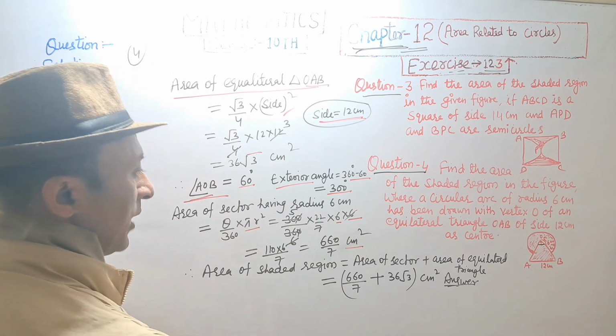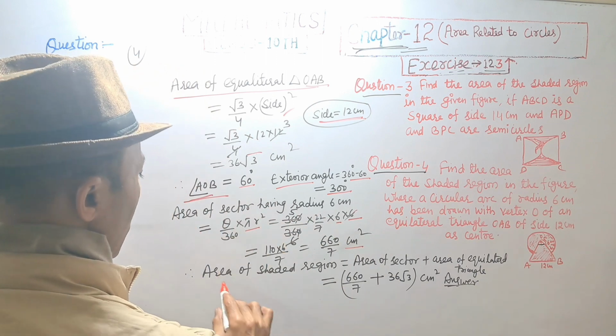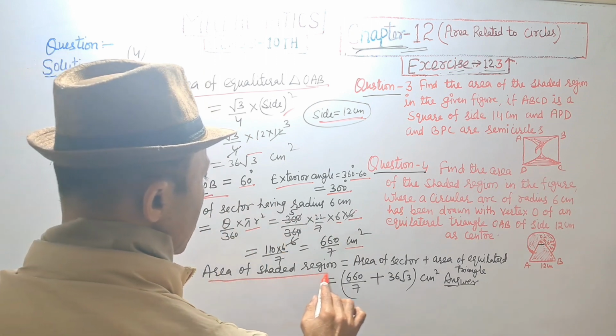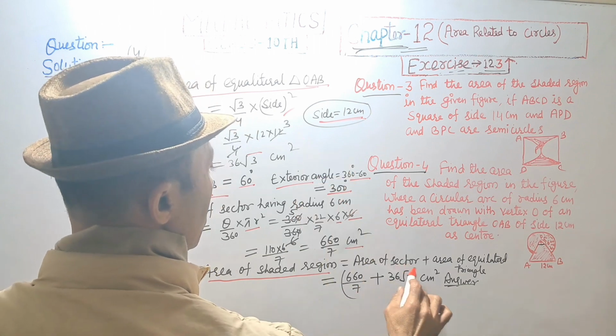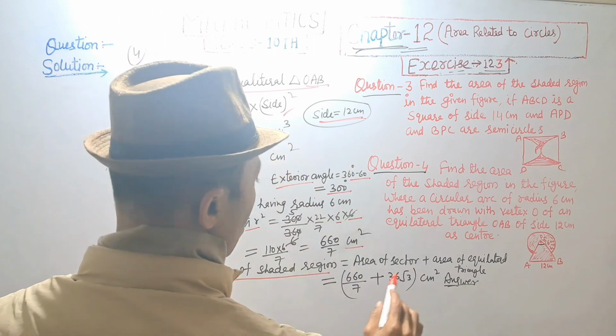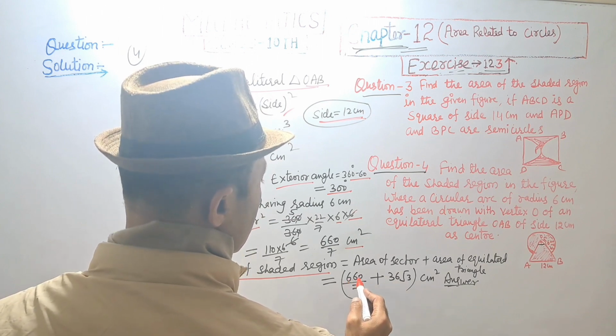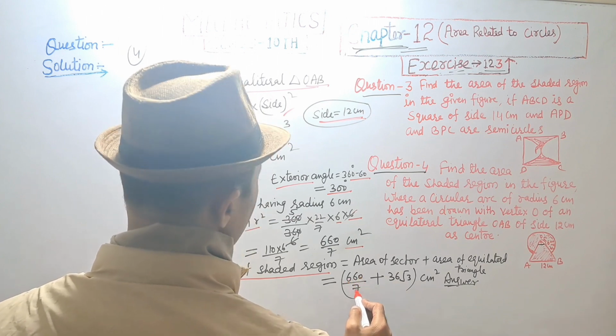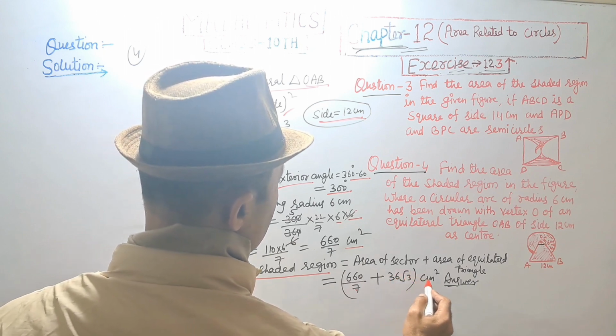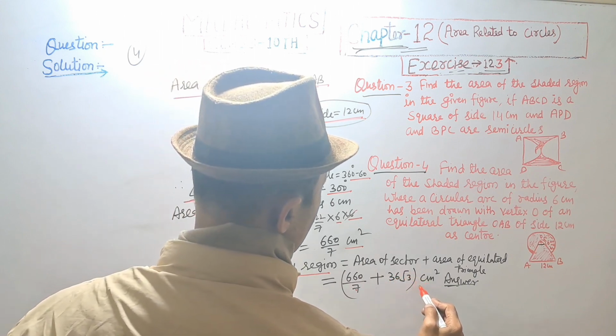This is the area of sector having radius 6 centimeter, and area of the shaded region is equal to area of sector plus area of equilateral triangle, that is 660 divided by 7 plus 36 root 3 centimeter square.